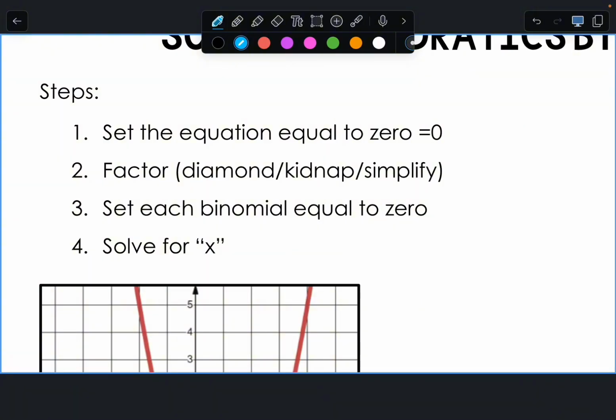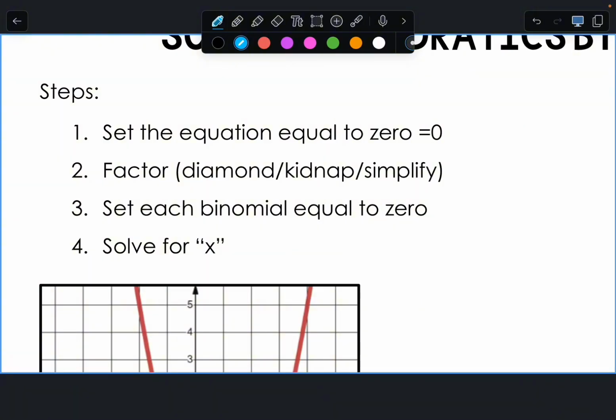Look at the board. Look at the schedule. What was the 3rd method? Square root method. So, diamond, kidnap, square root method.